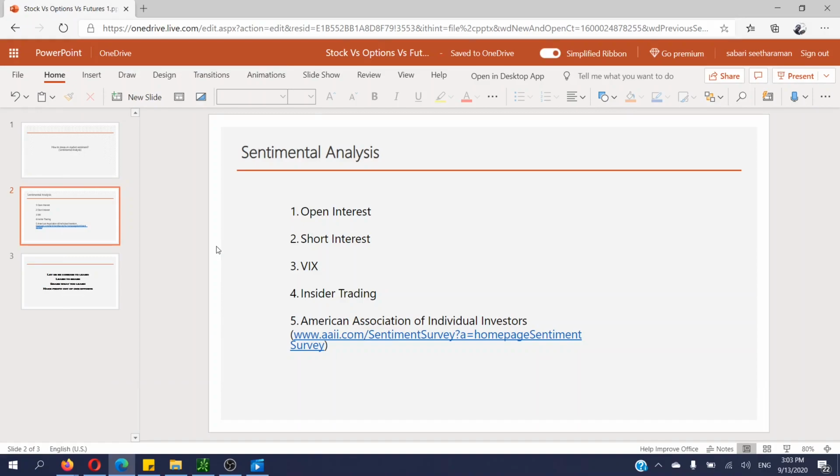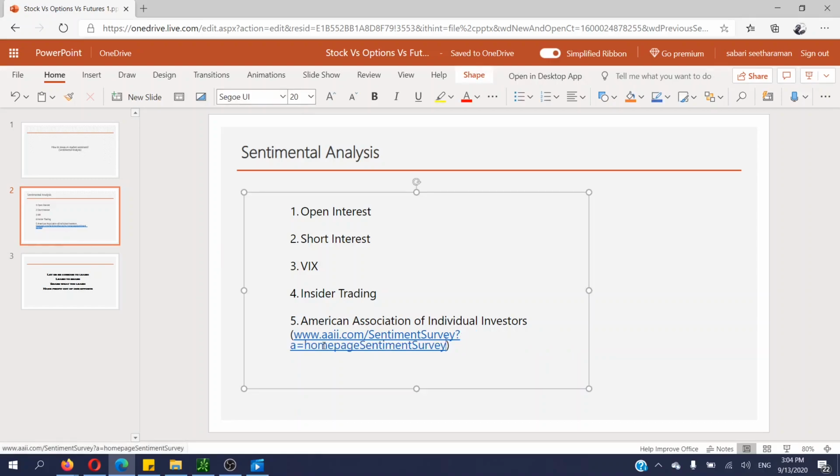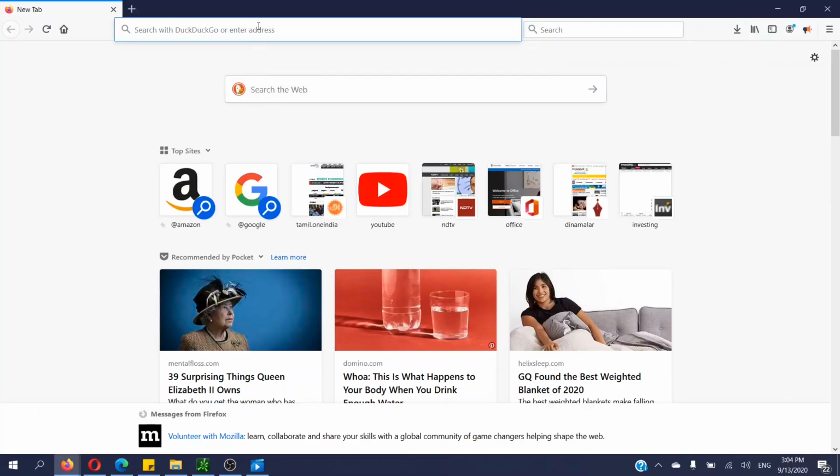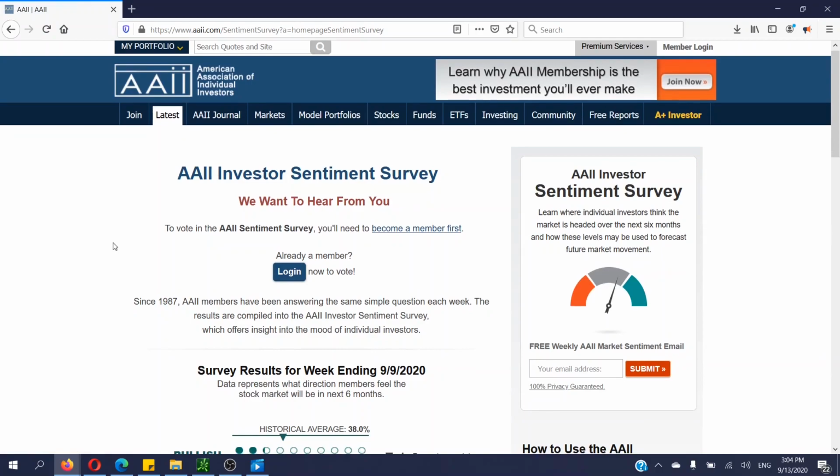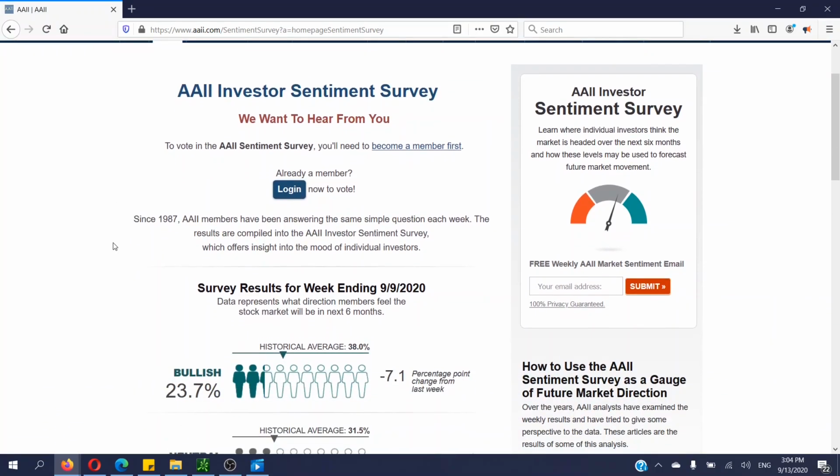Last but not least, we have the American Association of Individual Investors. They measure sentiment through a survey. So how can we check it out? Use this link. This association measures the market sentiment using a survey.